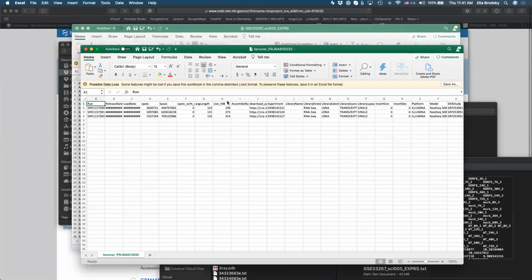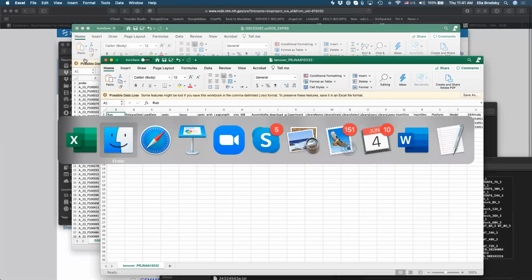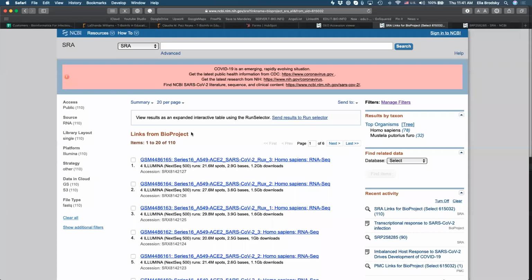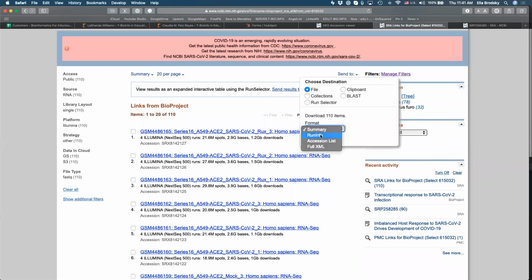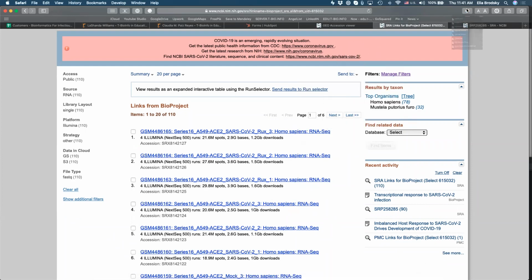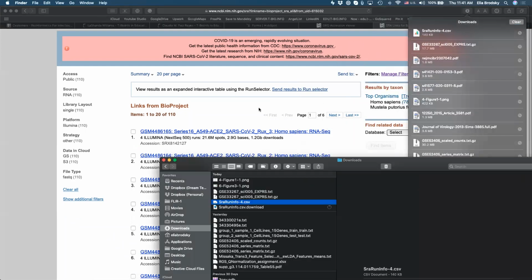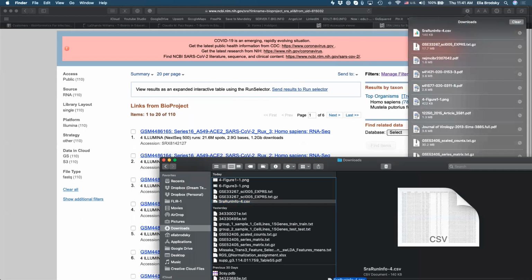We will have a full data set that you can use, and you can actually find it right here, right? So if we send this to file and do run info, create file, we'll get all of the samples.